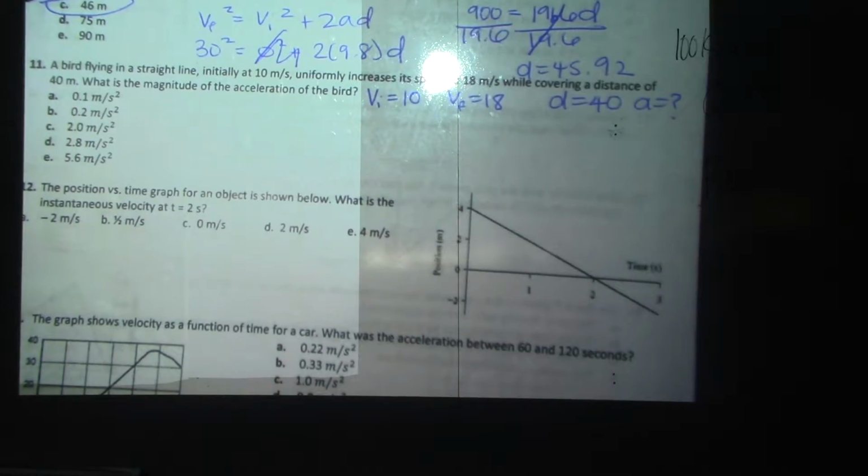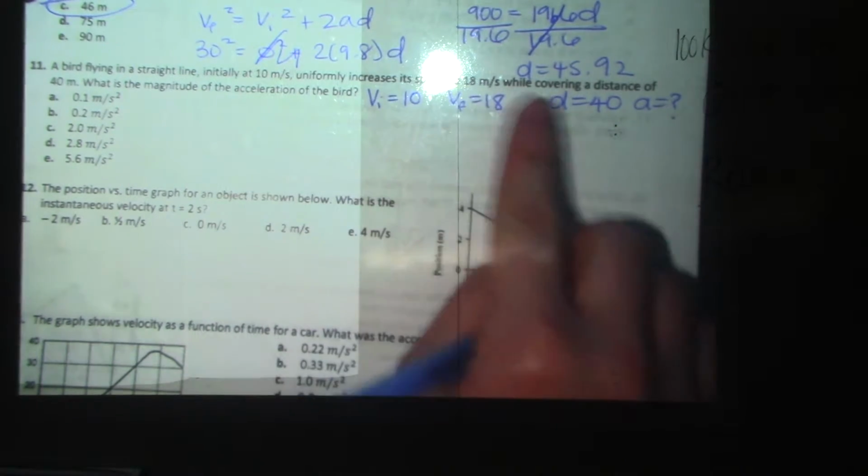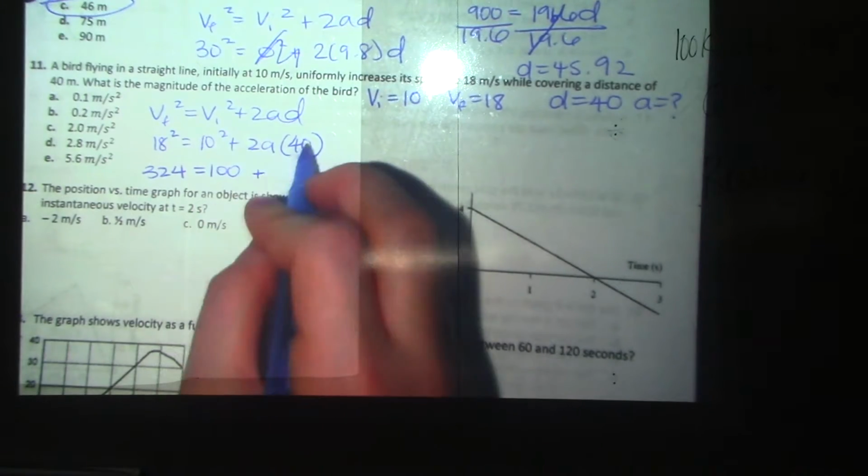So same equation, because I still have both velocities and distance, looking for a: last equation. Vf is 18, Vi is 10, 2 times a is what I'm looking for, a distance of 40. All right, 18 squared is just a number, 324. 10 squared is 100. And then 2 times a times 40, that's just going to be 80a.